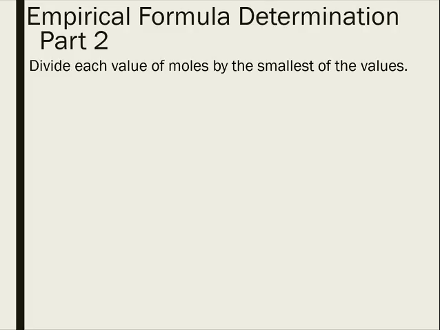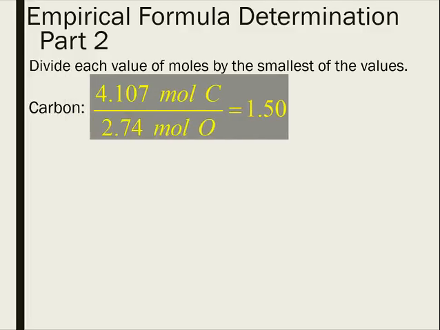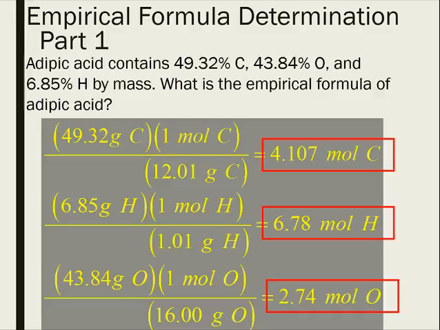We're going to divide each value of those moles, the ones that we just calculated, by the smallest of all the values. So again, carbon, we're going to take the 4.107 moles of carbon, we're going to divide that by 2.74 moles of oxygen. Again, because 2.74, if we go back, we see that the 2.74 moles of oxygen was the smallest value out of them all.